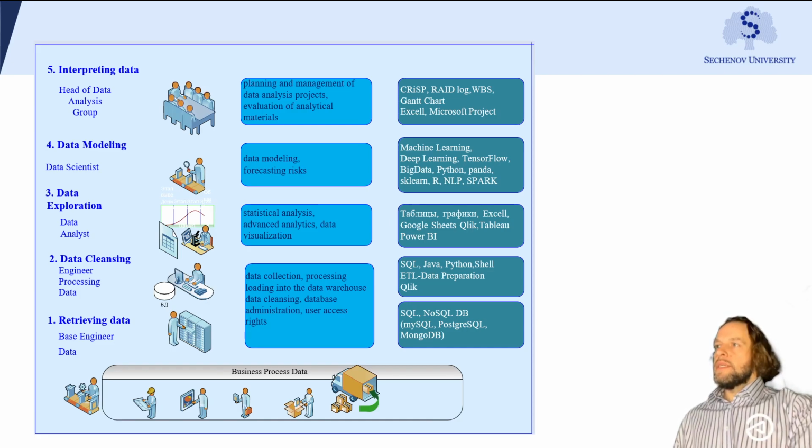Next step will be creation of a data model, and here we have data scientists. It's a more qualified person who is able to create a more complicated automated algorithm, for example, to analyze this data on a stream.